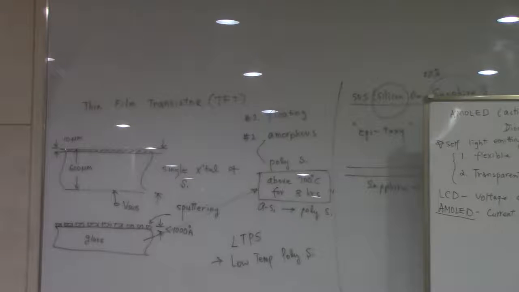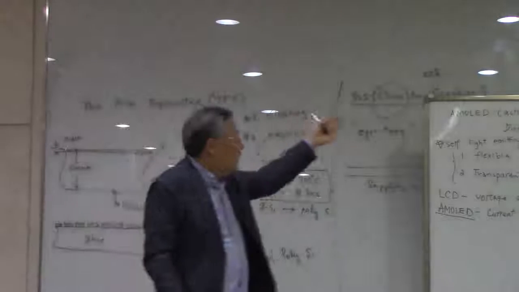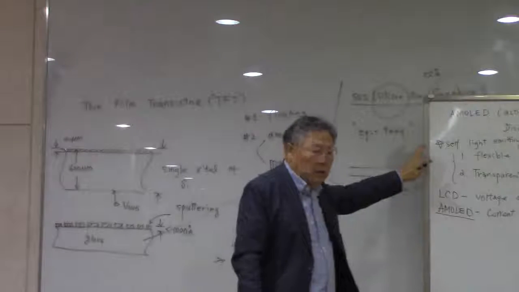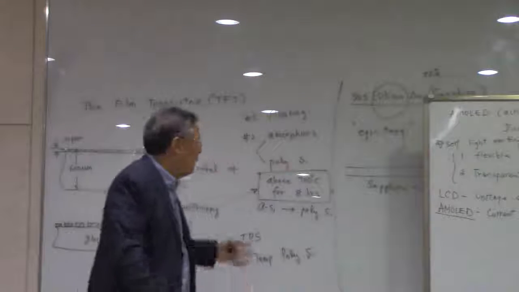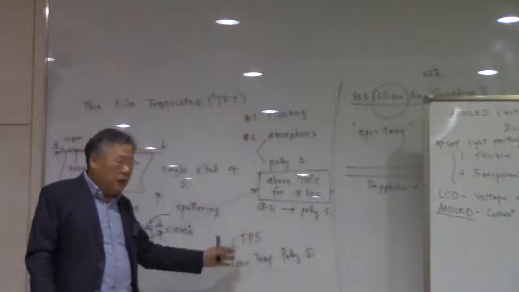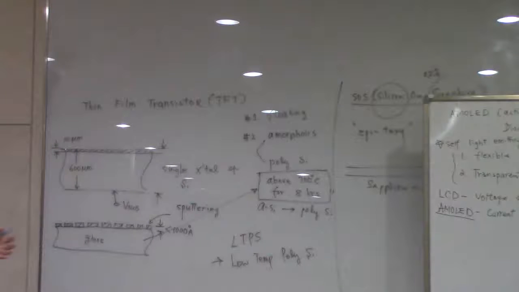So we have been knowing that AMOLED is very much advantageous in device application over LCD, but we do not know how to make LTPS, low temperature polysilicon, so LCD has been the main device for displays, and so far, up to now.